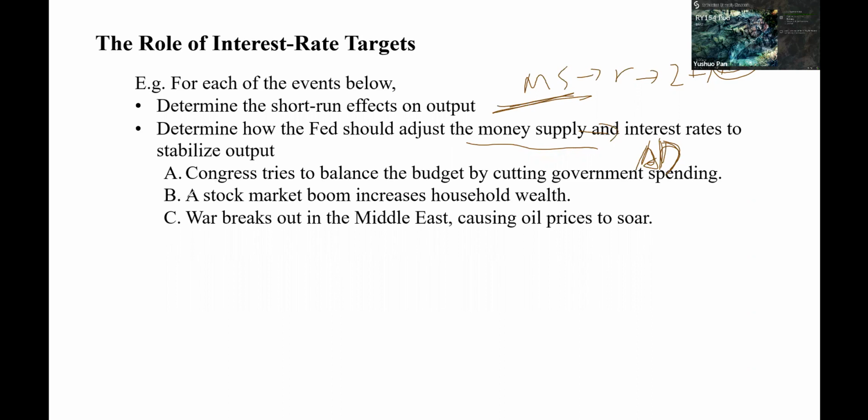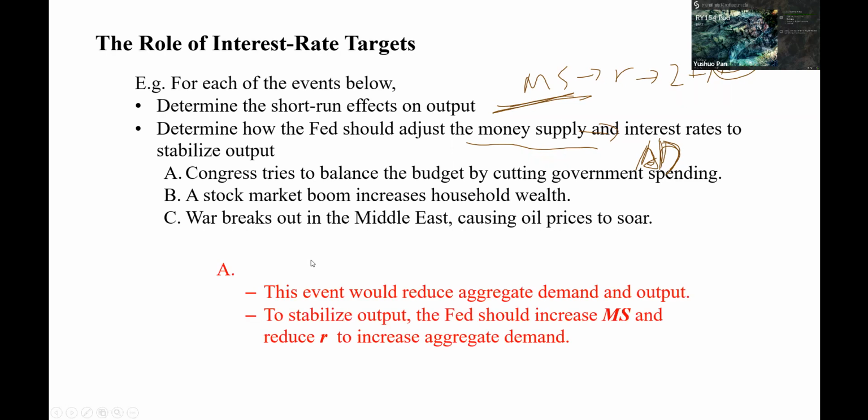A: Congress tries to balance the budget by cutting government spending. If Congress cuts government spending, which means G decreases and AD decreases, right? AD decreases. That's what happened already.